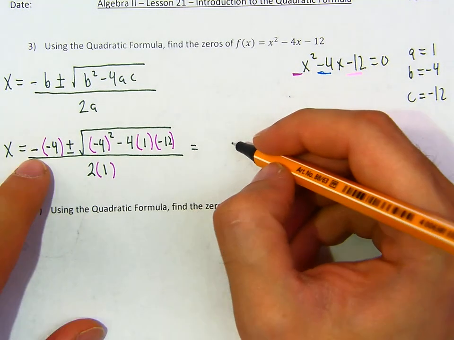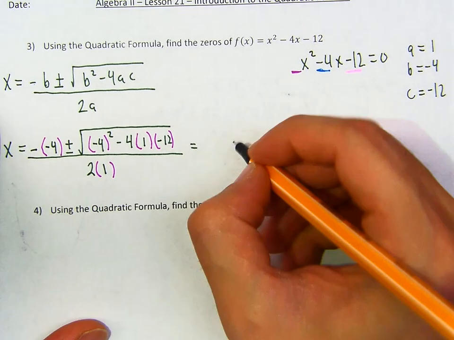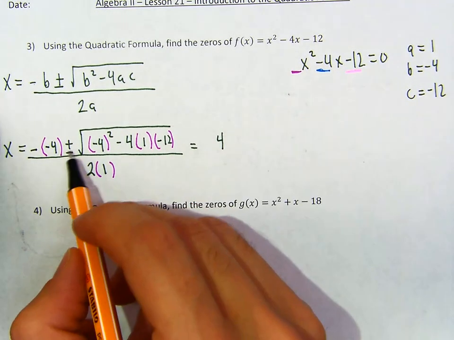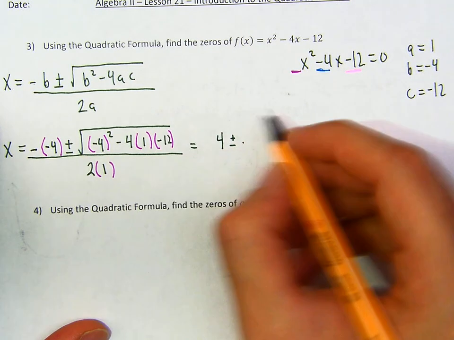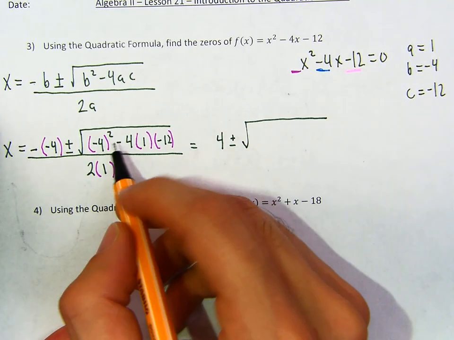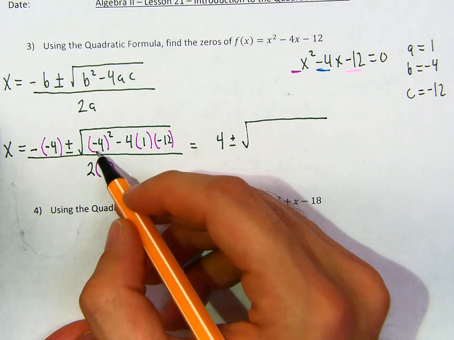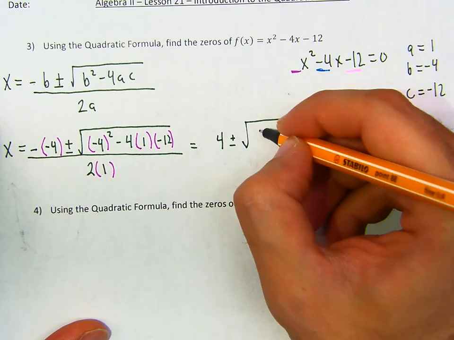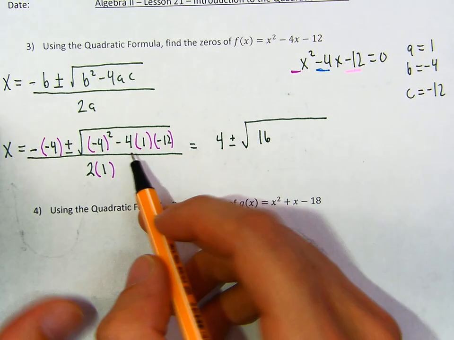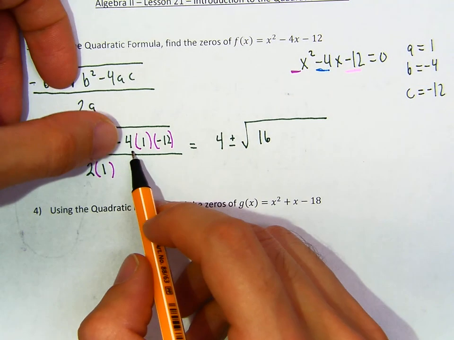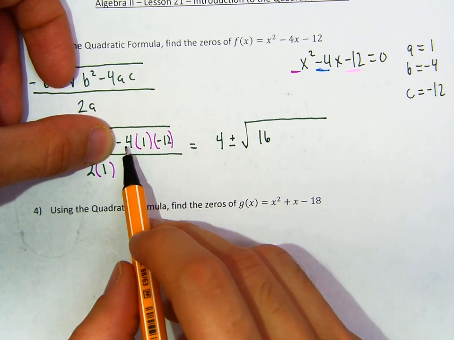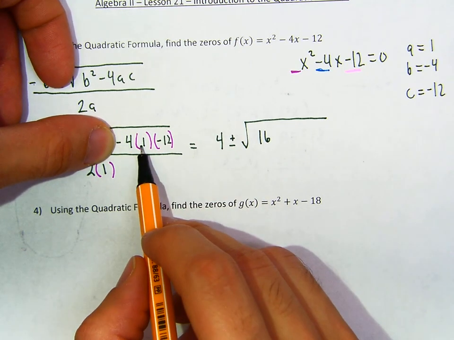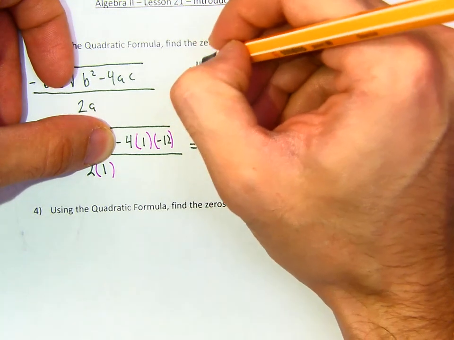Okay, so now let's do the next part. You see, we have a -4, so that's just 4 plus or minus square root -4 squared, and try and do that by yourself, right? 16. Now this part, this is where a lot of people get confused. But you see, the idea is you have to multiply this straight across. What's -4 times 1? It's a -4.